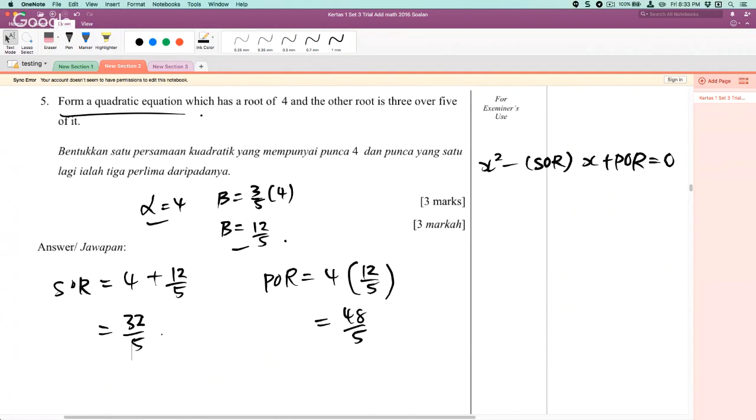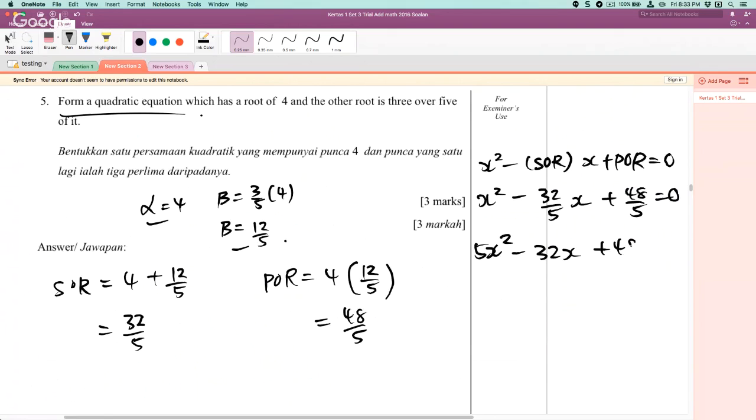I hope I'm correct. So I will substitute back into this equation: minus 32 over 5 x plus 48 over 5 equals 0. I multiply 5 for the whole equation because I do not like fractions. So I will get this as my final answer.